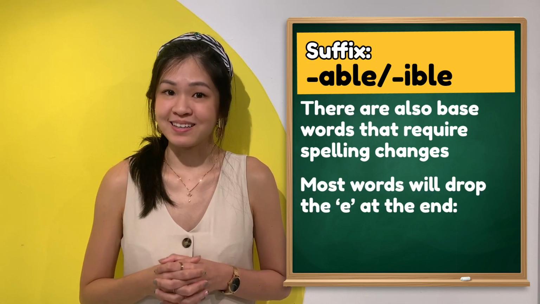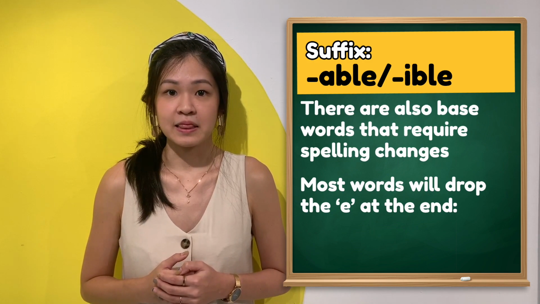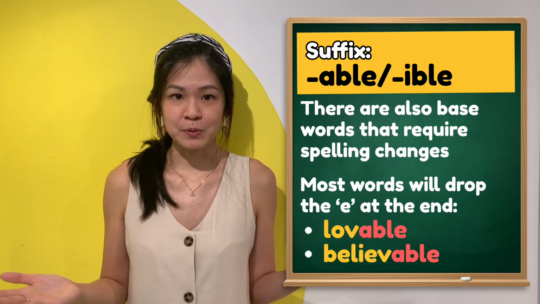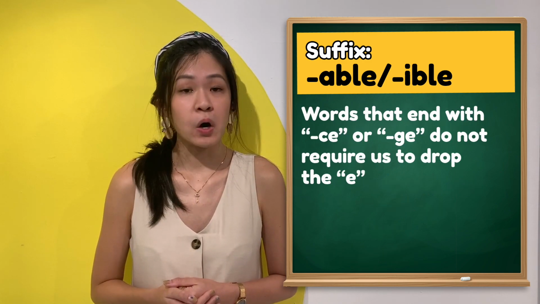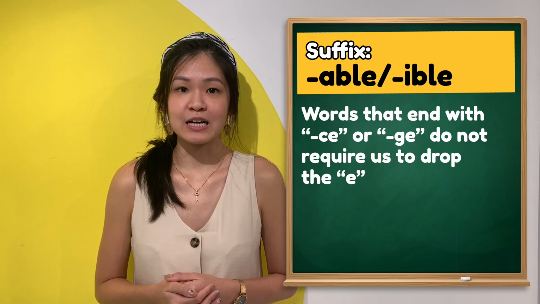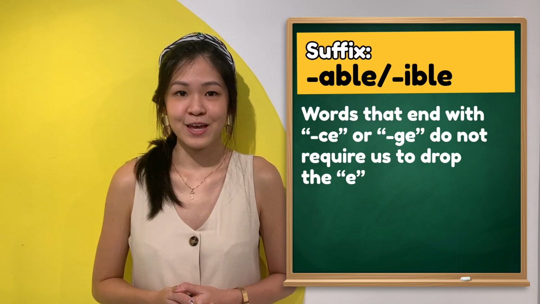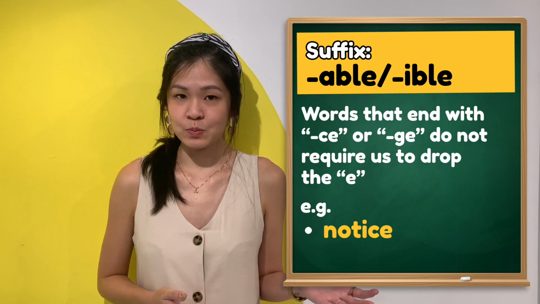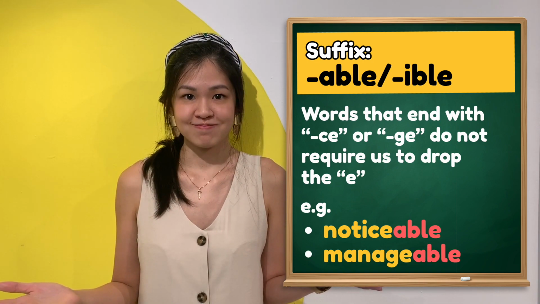Most words will drop the E at the end when able or ible is attached to it, like lovable and believable. However, words that end with CE or GE do not require us to drop the E before we add in the suffix able. For example, notice will become noticeable, while manage will become manageable.